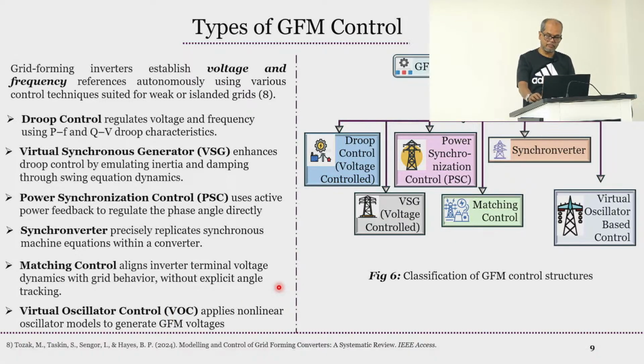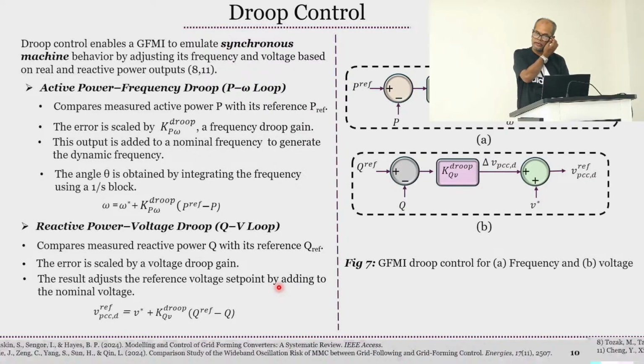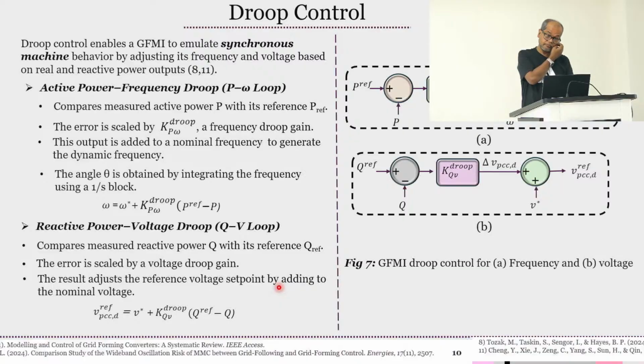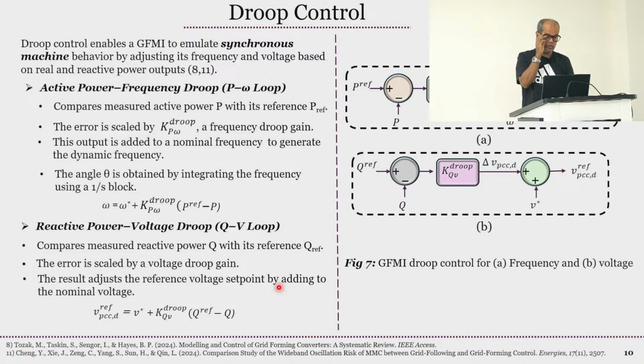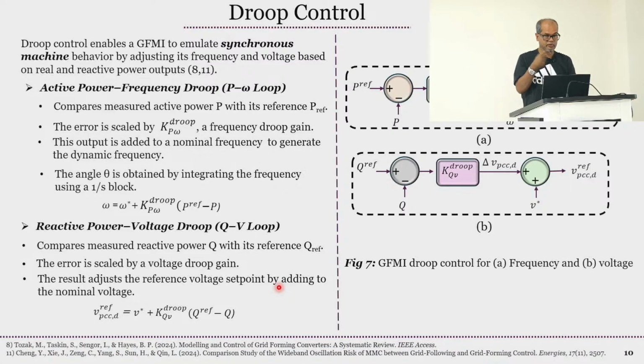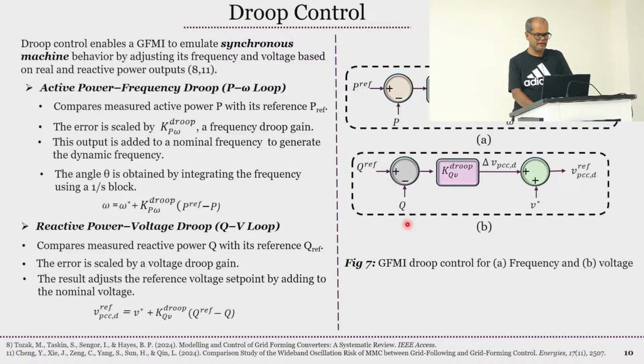So those are the mostly used techniques that you will find in the literature. This one, nothing to repeat. Again, that's droop control, trying to emulate the synchronous machine behavior by adjusting voltage and frequency based on your real and reactive power.